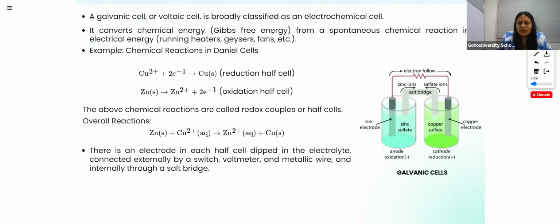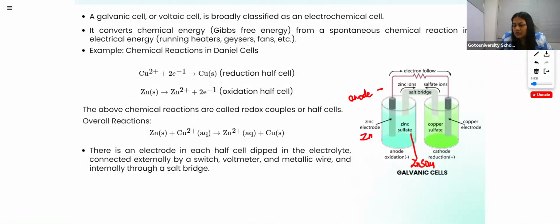Okay, so here if we see the setup for the galvanic cell, you can see on the left side we have a zinc electrode dipped in zinc sulfate solution. This is negatively charged.